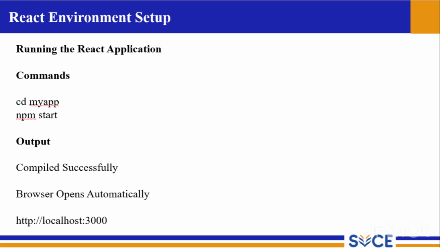This command moves us from the current location into the my-app folder where all the React project files are stored. If you give your project a different name while creating it, replace my-app with your project name.